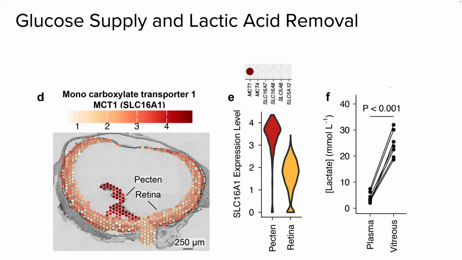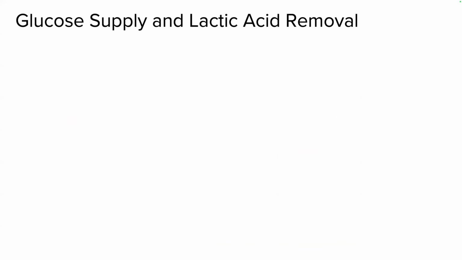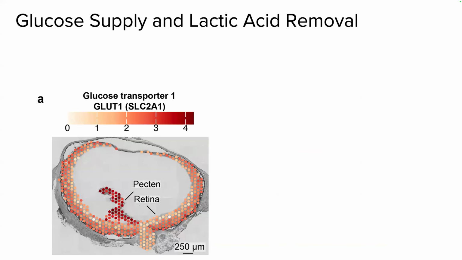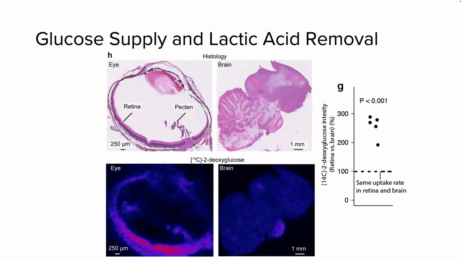But I was wondering, Christian, if you could comment on the possible discrepancy in the 2DG labeling that you showed us previously. That seemed to be mostly in the outer retina and less in the pectin and the inner retina. Did it actually match your observation? No, maybe I was wrong, but your pectin does not seem to light up quite as much. It just accumulates in the neurons, I guess, and remains stuck there.